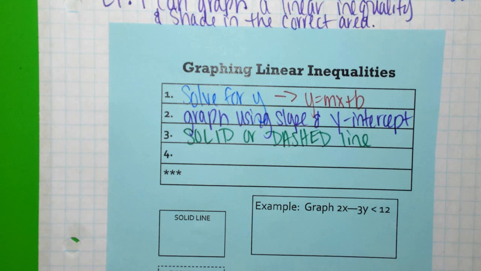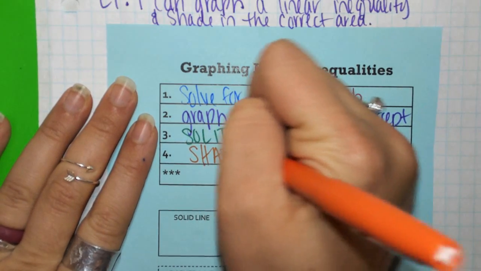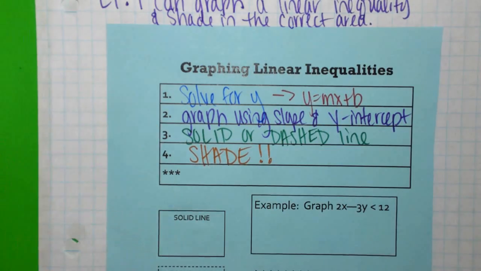When it had the equal to, when it had the line under it, right? So when do you think we'll do a solid line? If it's equal to. When do you think we'd use a dash line? When it's not equal to. Look at us go. All right, step 4, the last step you always have to do is shade.